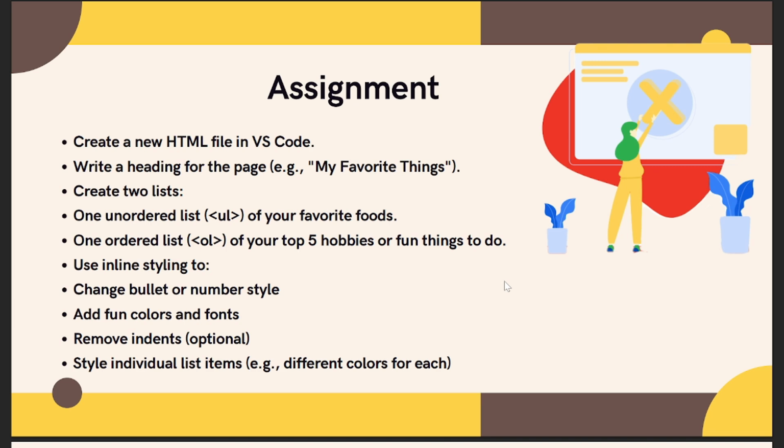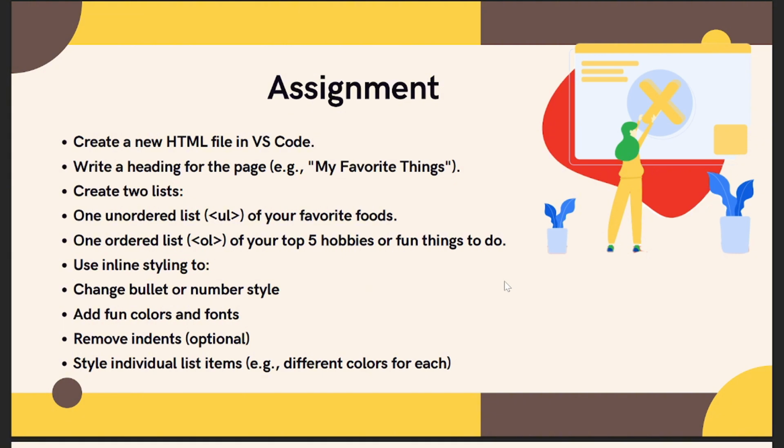Now, this is your assignment. I want you to create an HTML file in VS Code. Write a heading for the page. Create 2 lists. One will be an ordered list and the other will be an unordered list. The first list will have your favorite food, and the other one will have your top 5 hobbies or fun things you do.